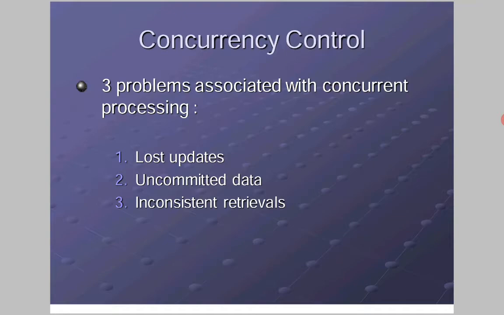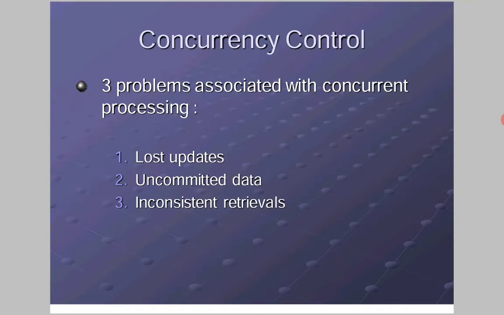The third one is inconsistent retrieval. Inconsistent retrieval means when you run queries or try to retrieve records from the database or tables, the data is not in a consistent mode.